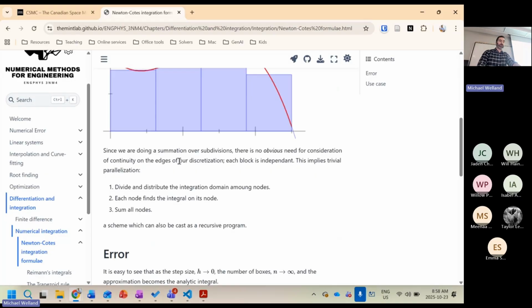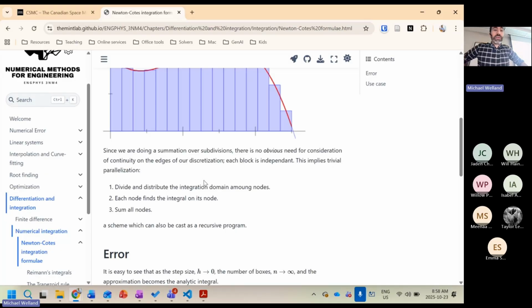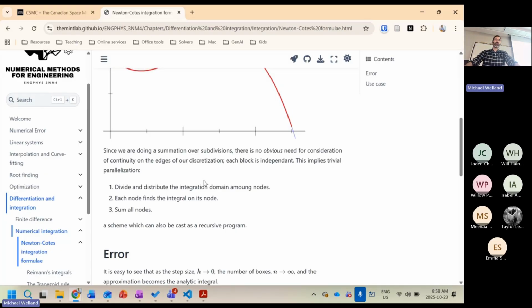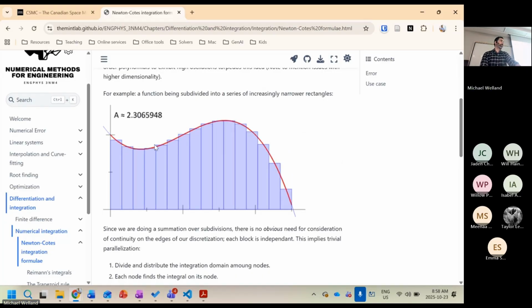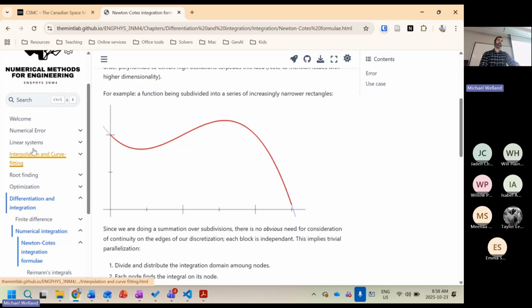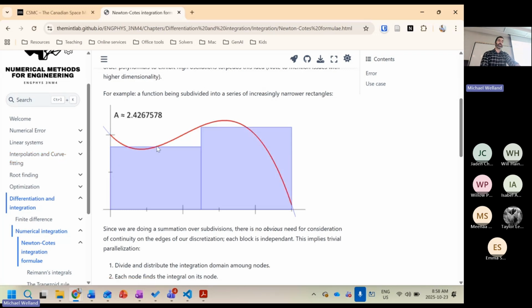Note that since we're doing summation over subdomains, there's no obvious reason why these should be continuous. Right? We've been talking a lot about continuity and smoothness with our approximations.